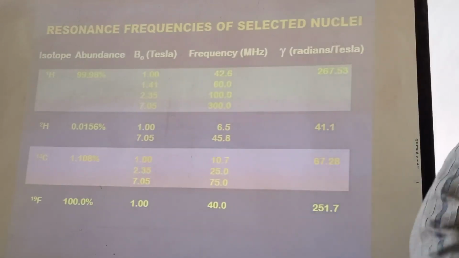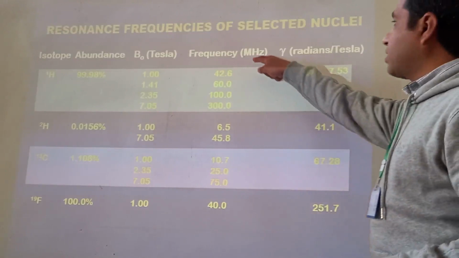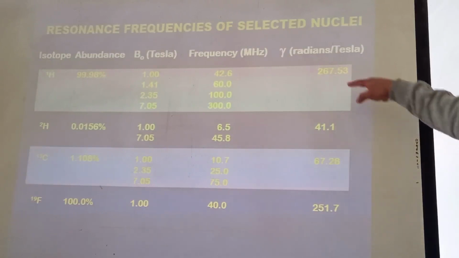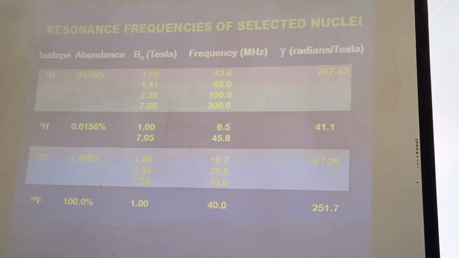If you provide a certain amount of magnetic field, it will make these nuclei resonate, to precess with a particular frequency. This is the frequency in megahertz, and here is the gyromagnetic ratio. The gyromagnetic ratio is constant under all conditions. You can see here, we have one value for proton, one for deuterium, one for carbon-13, and one for fluorine. It doesn't change. So this is a constant.